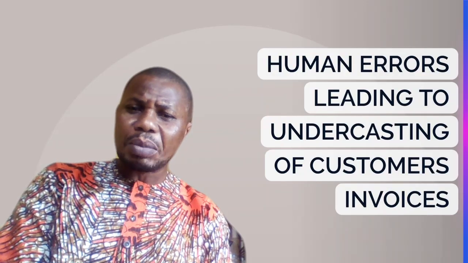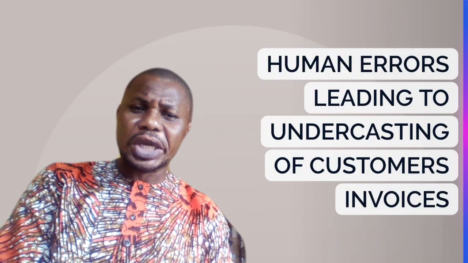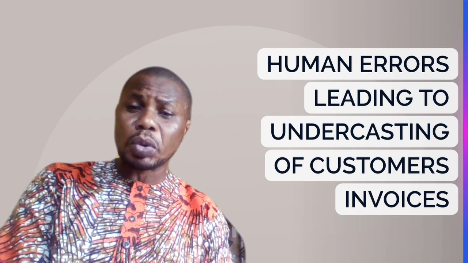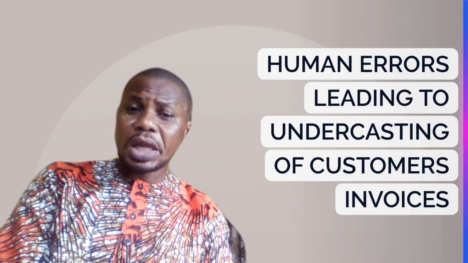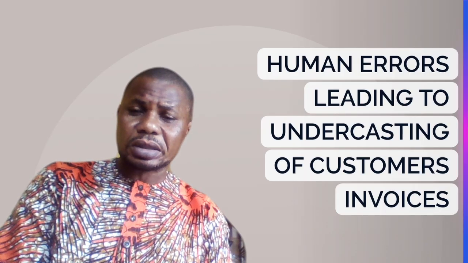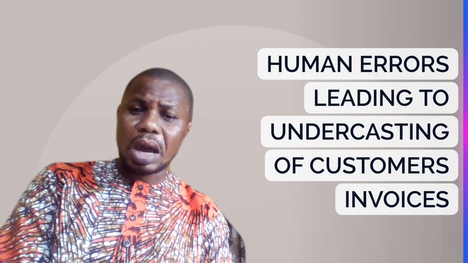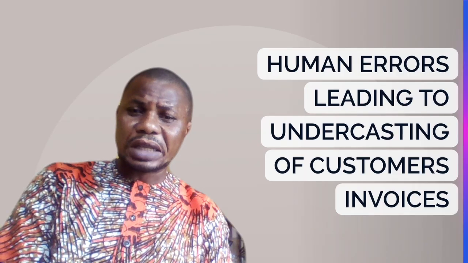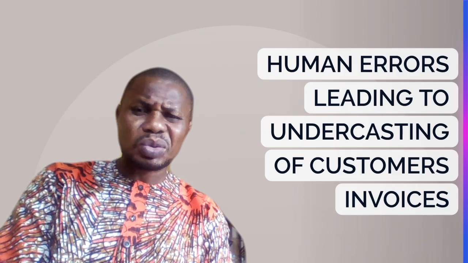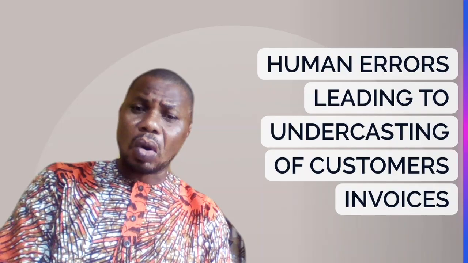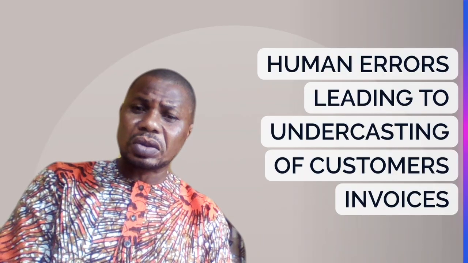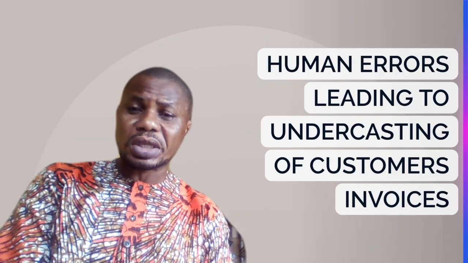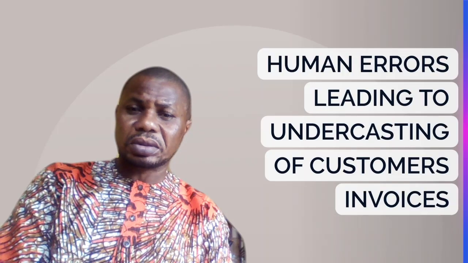So you can see how much you'll be losing in the name of undercasted invoices, which most customers will never tell you. In our experience, our client made an invoice for a customer, and in that invoice there was an error of about 950,000 on the casted figure. But because there was no system, it was not found out.